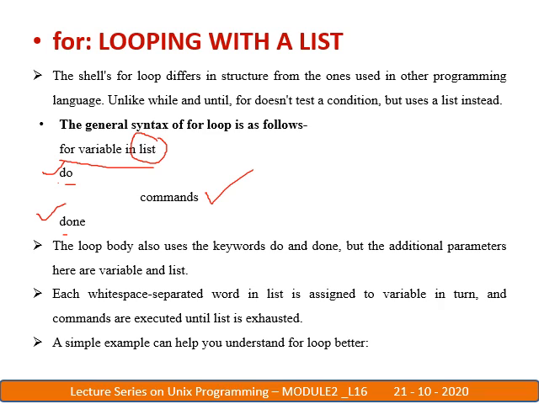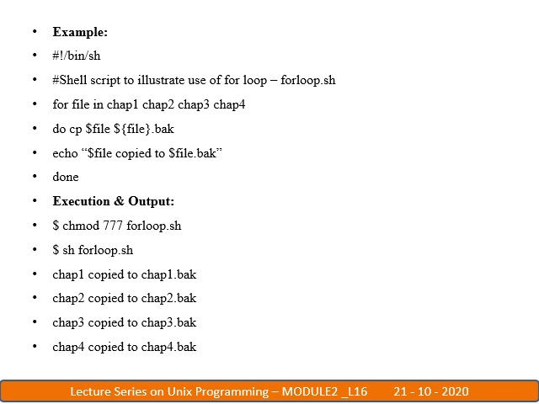Now we'll go through one example to understand better. This is how the for loop can be used. For file, this is a variable that you have to write. Then comes the list of all the things.